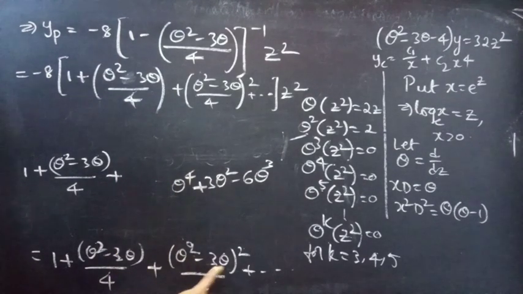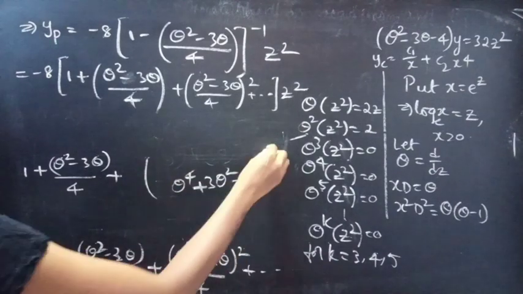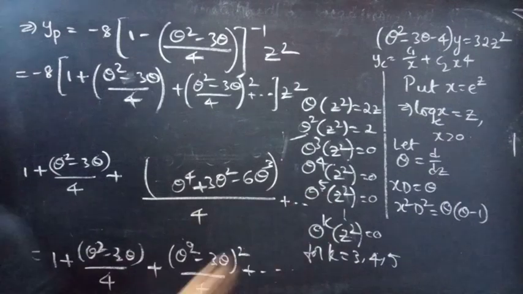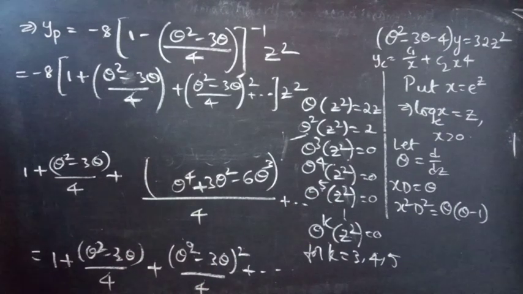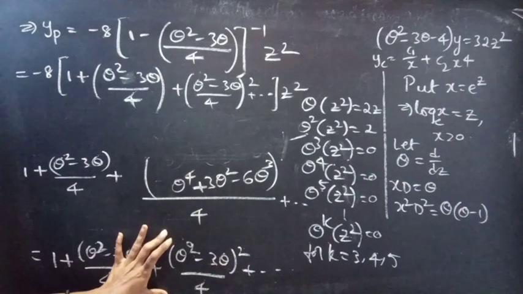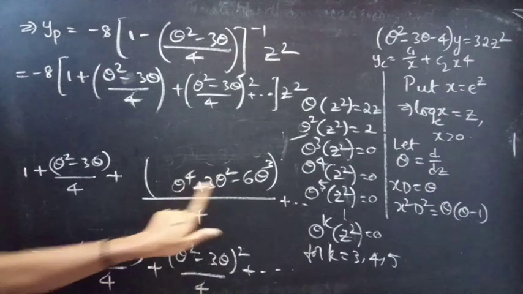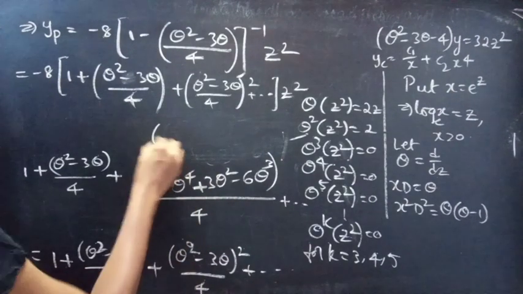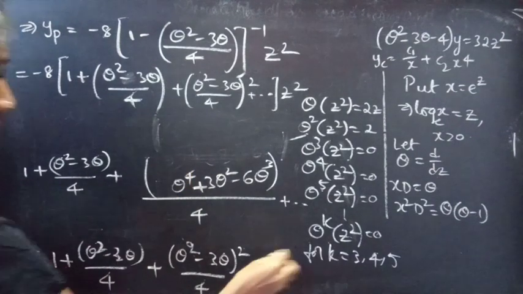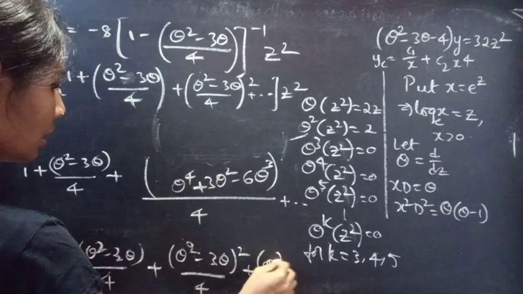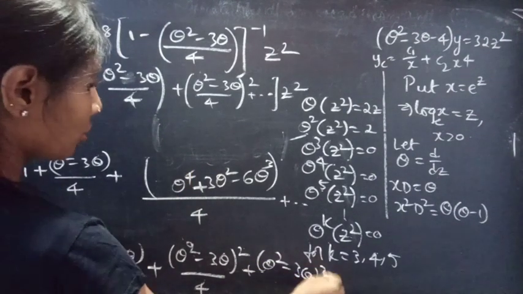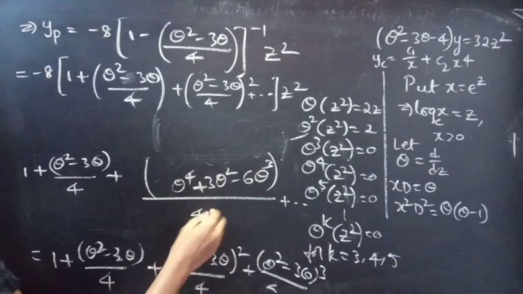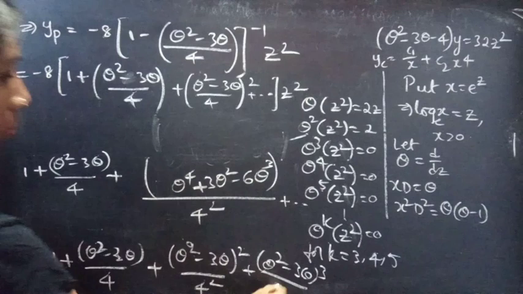Okay. So we'll get the expansion of theta square minus 3 theta whole square by 4 plus so on. Right? See, from this term, we are having two higher derivatives. Next we'll get theta square minus 3 theta whole cube by 4 cube.